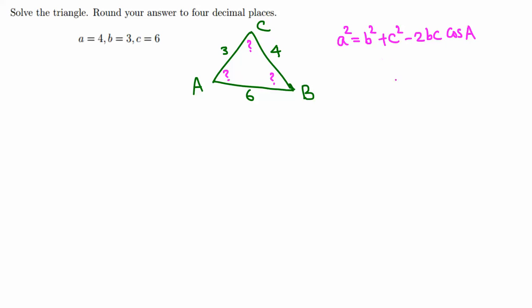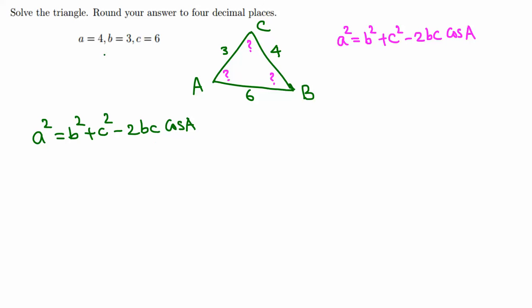There are three provided, but let's use any. Let's use the first: A square equals B square plus C square minus 2BC cosine A. Now we will be able to find the angle A in this case.